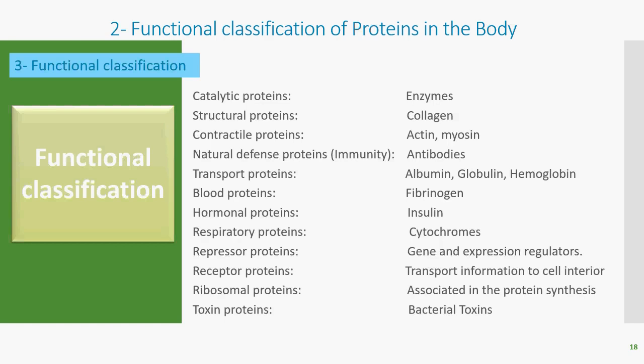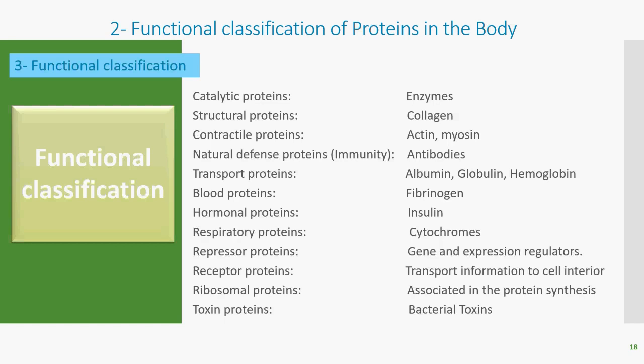The contractile proteins, the actin and the myosin of the muscles, are examples of the proteins which form the contraction and relaxation of the different muscles, and this relates to the motion of the body, especially the muscles. The natural defense proteins, the immunity proteins, the immunoglobulins or the antibodies, are mainly proteins, as you know, and they are formed mainly in the liver or sometimes in the lymphocytes.